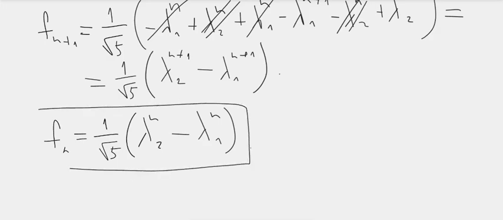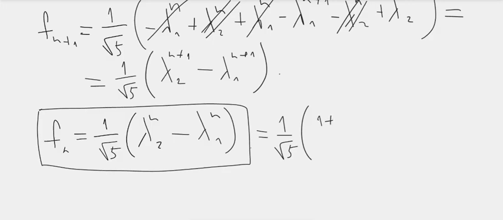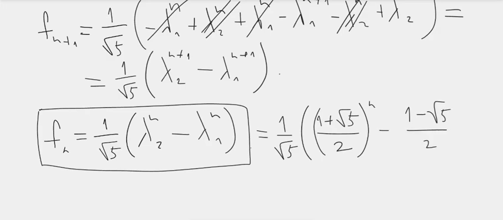Just to be complete, we can replace the values of the eigenvalues, so it would be 1 over square root of 5 times 1 plus square root of 5 divided by 2 to the power n minus 1 minus square root of 5 divided by 2 to the power n.